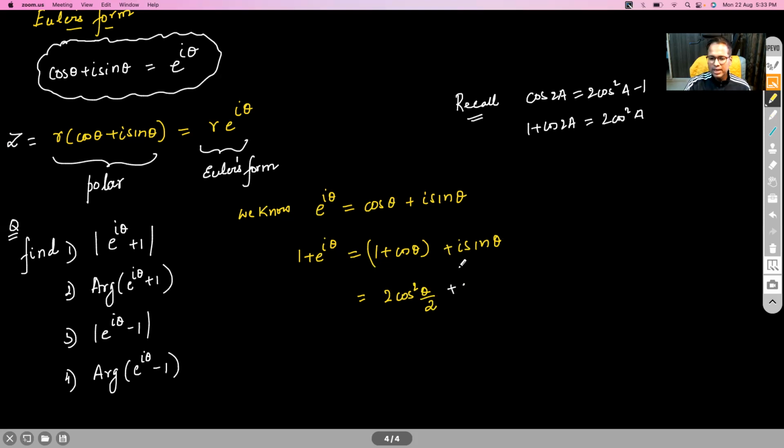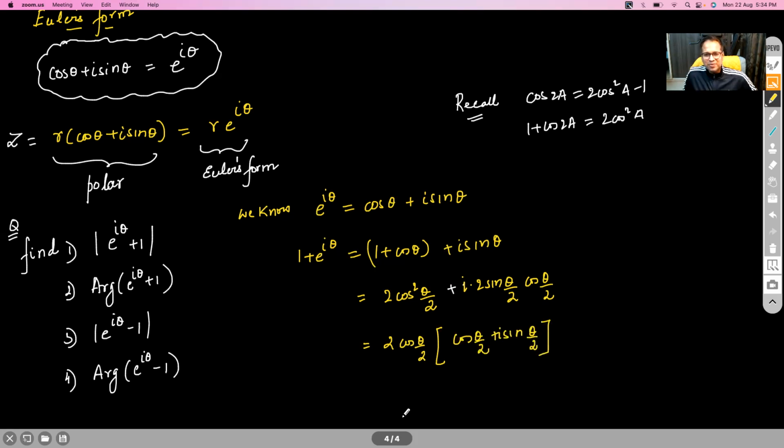And we can also break sine theta as 2 sine theta by 2 cos theta by 2. Correct? Take 2 cos theta by 2 common. When I do that, I end up getting cos theta by 2 plus i sin theta by 2. Yes or no? Any questions here?